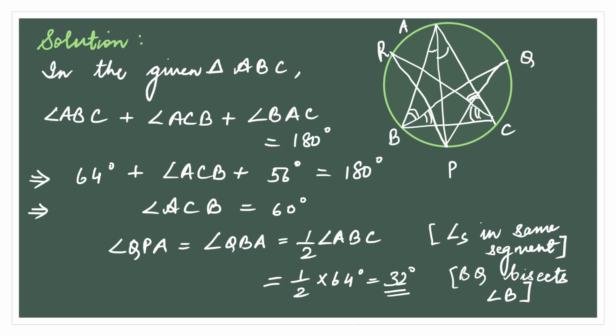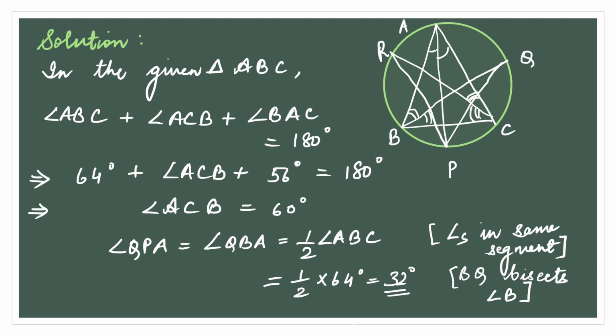Okay. And what is the value of this angle? 56 plus 64 equals 120. 180 minus 120 is equal to 60 degrees. Angle ACB is equal to 60 degrees. Now angle QPA. What is the value of angle QPA?